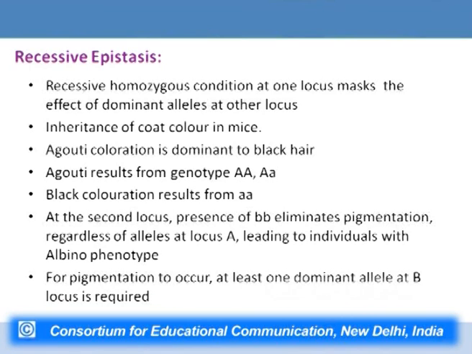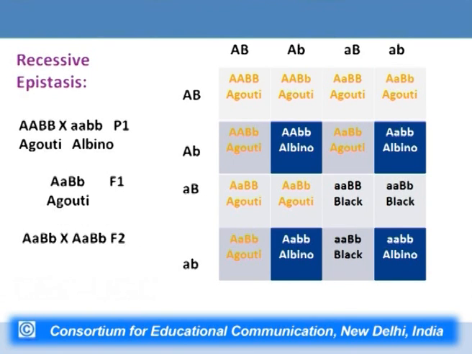Therefore, for pigmentation to occur, at least one dominant allele should be present at the B locus, for the mice to appear agouti or black. So, when agouti individuals are bred with albino individuals, that is, the P1 generation is agouti and albino, it leads to F1 individuals who are again agouti, with one copy of each dominant and recessive allele for both loci.